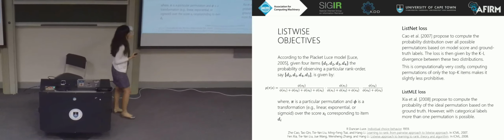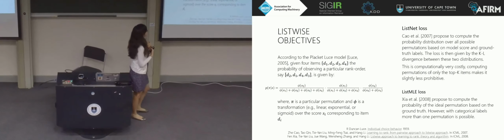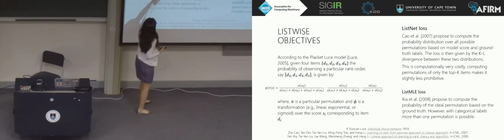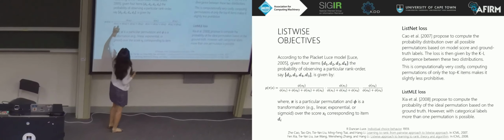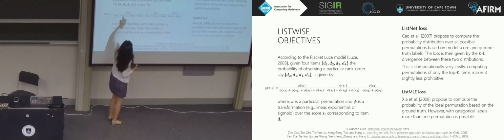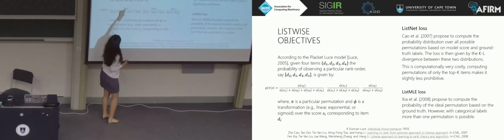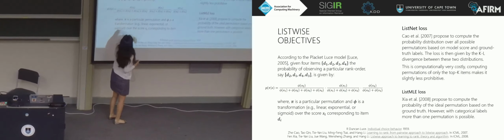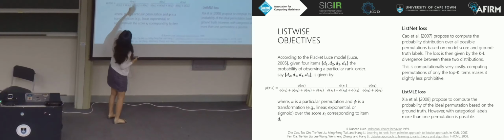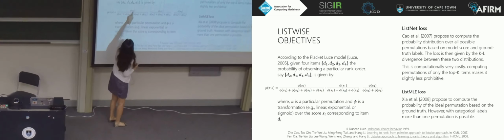According to the Plackett-Luce model, this probability can be computed by phi of S2 divided by phi of S1 plus S2 plus S3 plus S4. Basically, what this measures is, given the scores of all of these documents, the probability that document 2 would beat all the other documents.